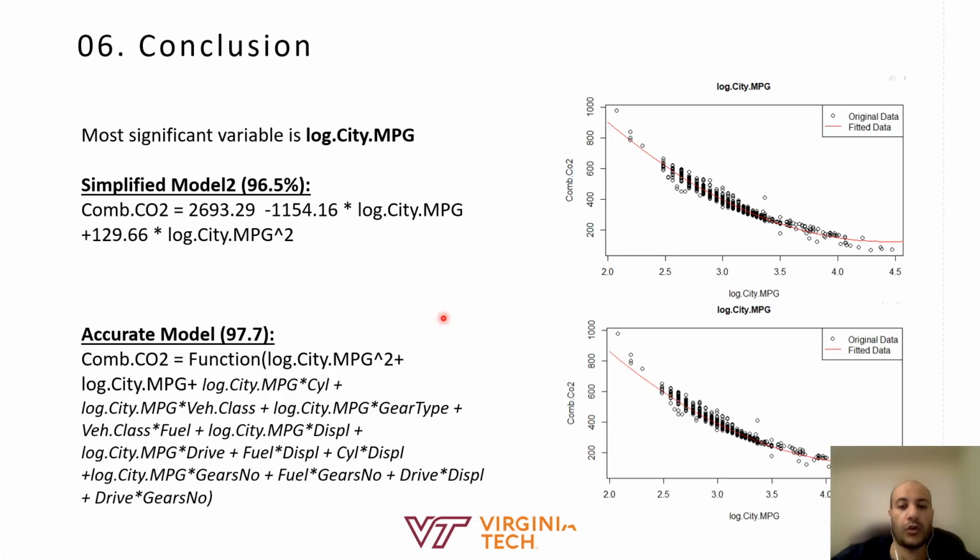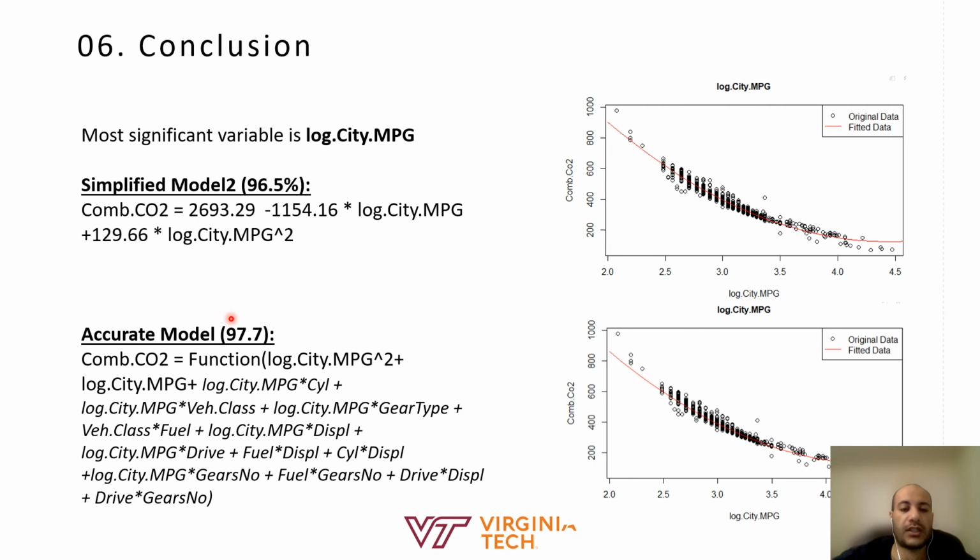To conclude, I'm comparing the best two models here. It's actually the simplified model that I'm recommending people to use, which is the CO2 emission equal to the log city MBG plus log city MBG square, which gave me an R square of 96.5%. However, if you need a model with better accuracy, it will be this very long model.